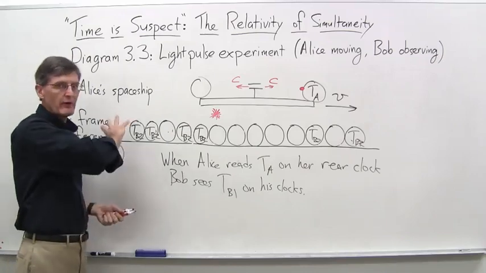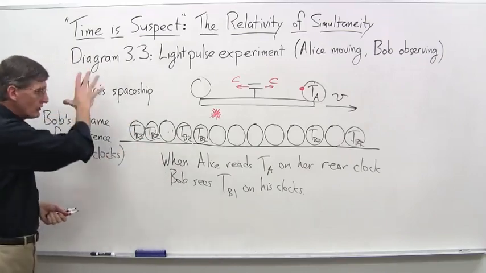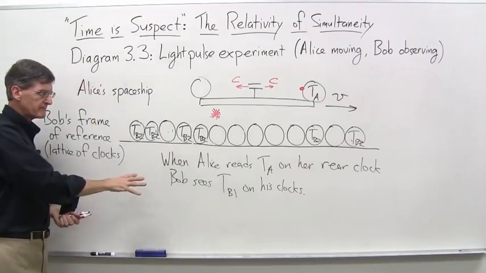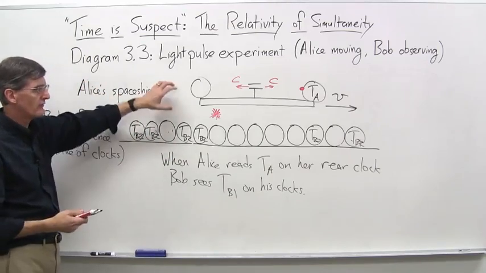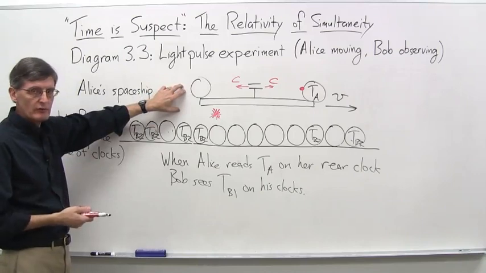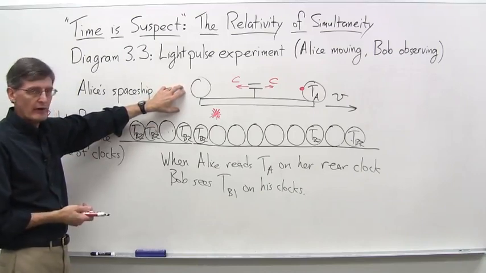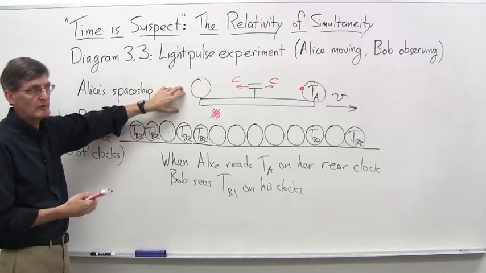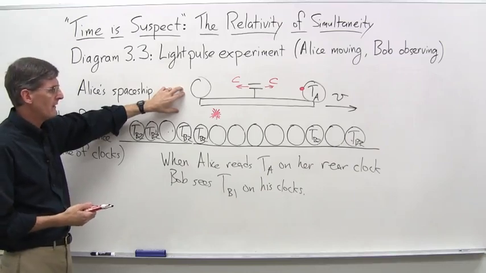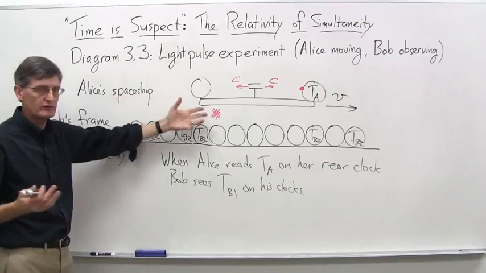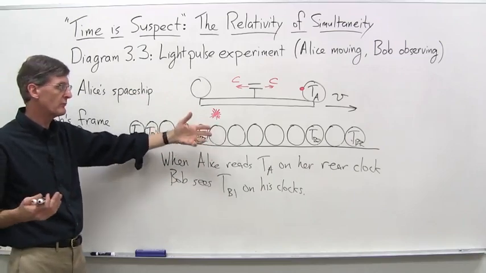So this is something to ponder, reflect upon, go over these diagrams again, see what's going on, convince yourself that Alice sees the two light pulses hit at exactly the same time. That was our first diagram, I guess two video clips ago. As far as she's concerned, she's stationary, she's not going anyplace.